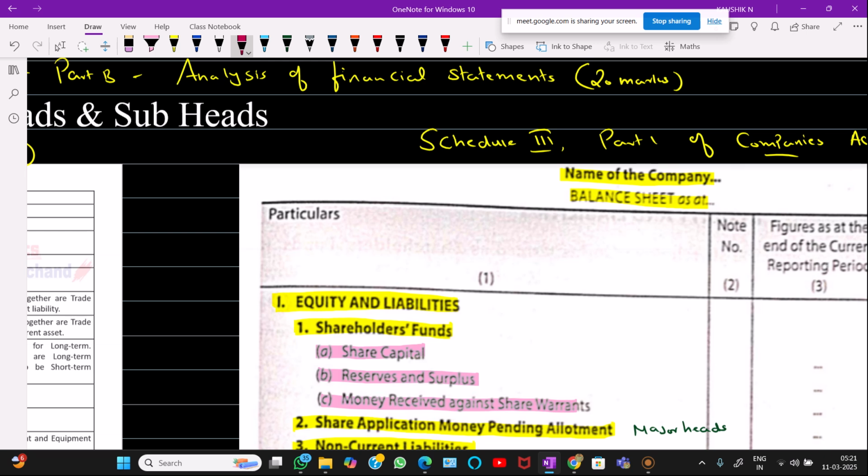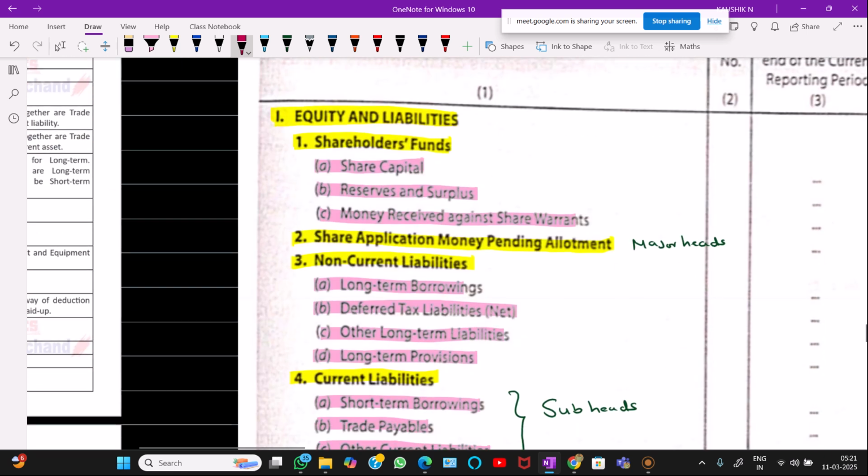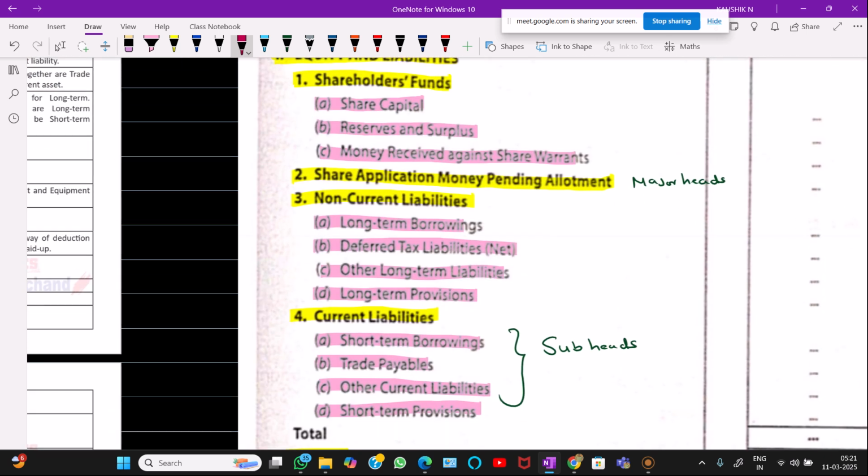Using that specific term, you have to locate where it will fall, whether it belongs to the asset category or the liability category. If it falls in the asset category, then what type of asset is it? Is it a current asset or a non-current asset? Because those two are the only major heads.